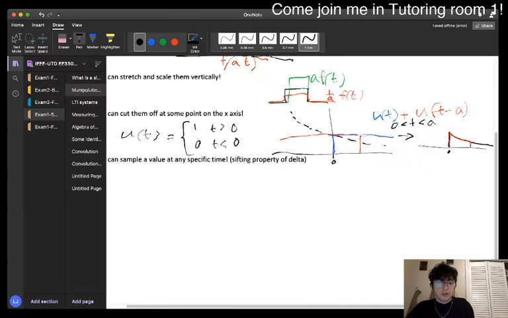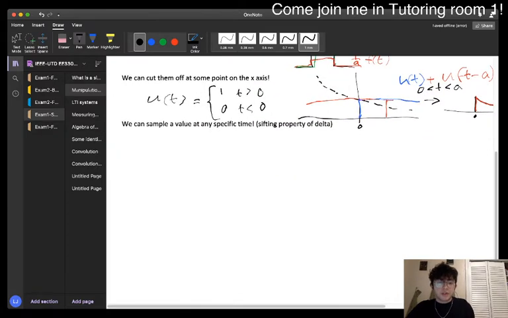And I'm going to also define the delta function that we've talked about. This function is special because it lets us sample a specific value at any point in time. So this is the working definition of the delta function right here.